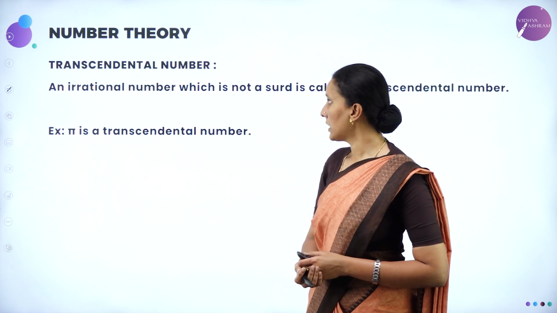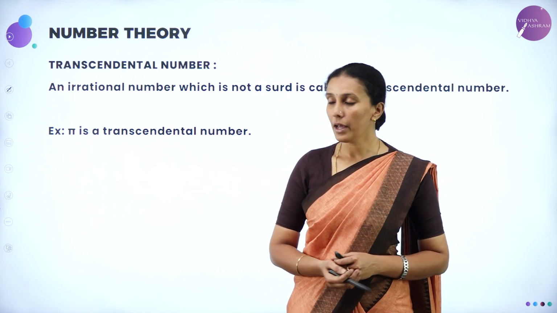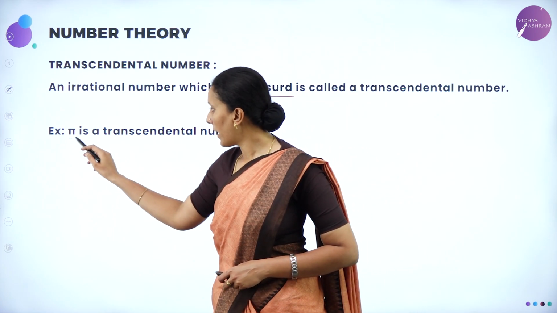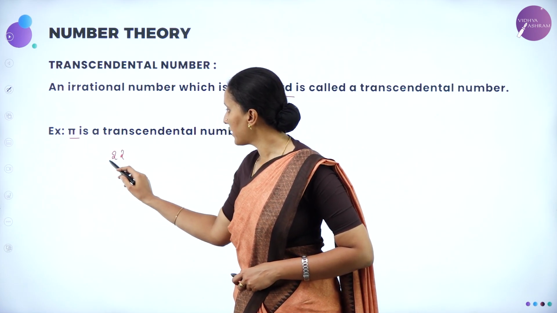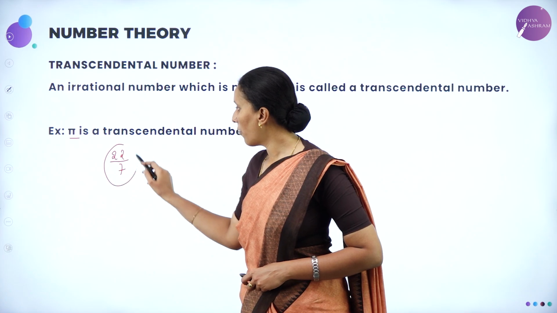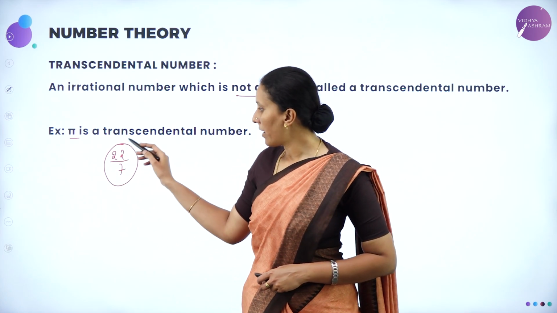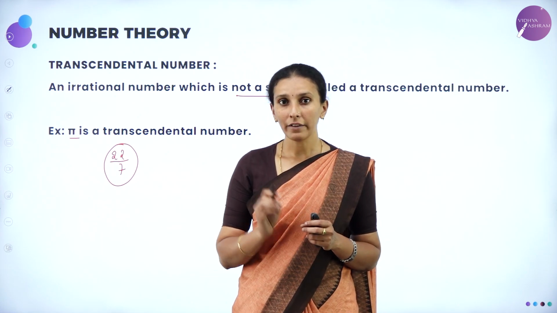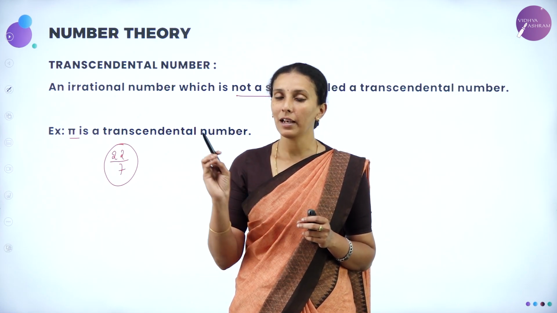Next, transcendental number: an irrational number which is not a surd, that means pi. So here pi is nothing but 22 by 7. Even though it is in the form of p by q, the decimal expansion of 22 by 7 never terminates, and it does not even contain a recurring decimal expansion.